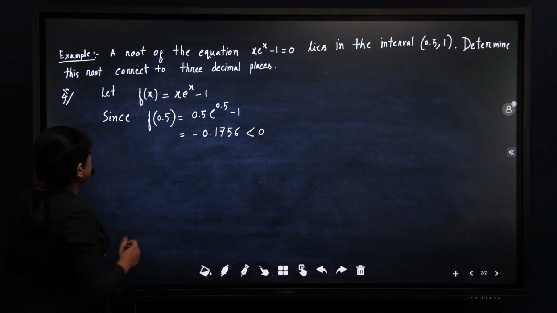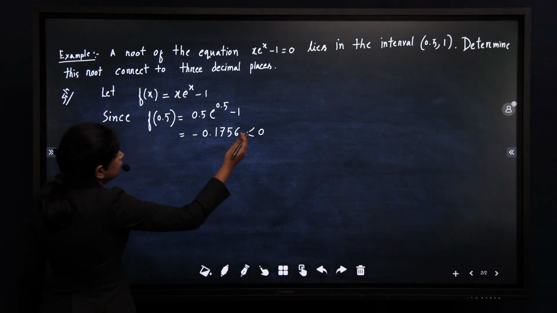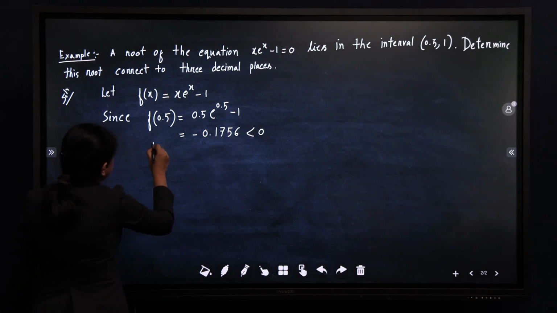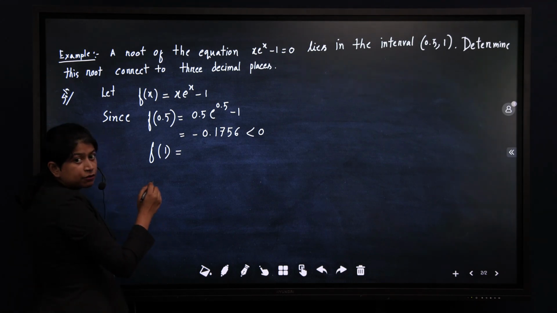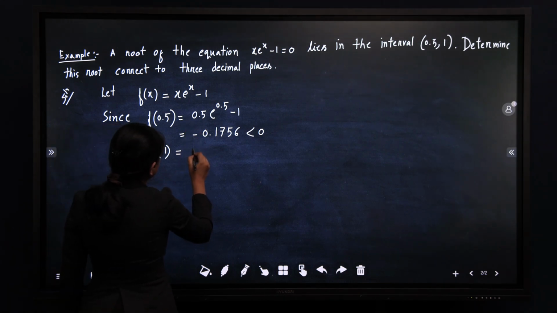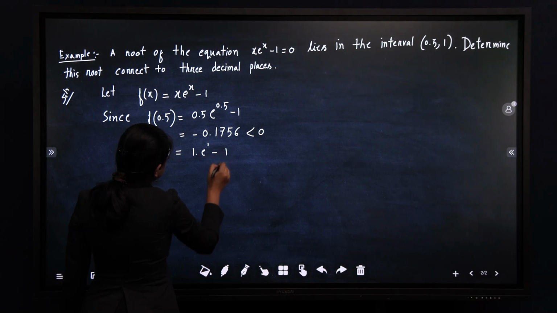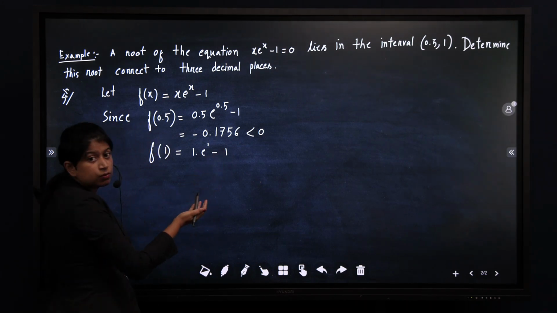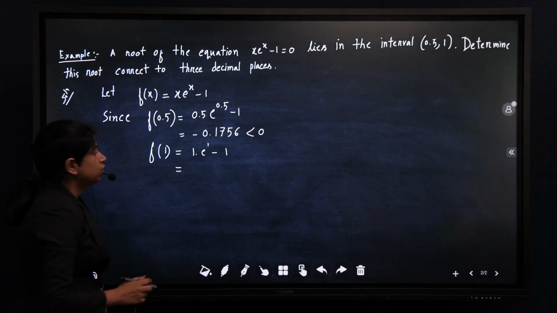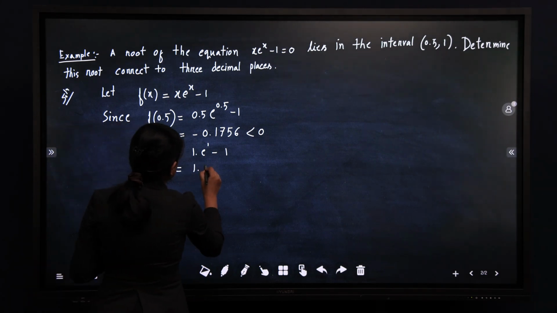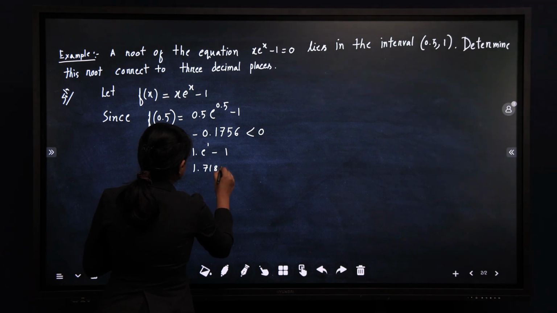Okay, now you put b, which is 1. So f of 1. For f of 1, what will you get? This is 1 into e power 1 minus 1, that means e minus 1, right? So what is the value for this? 1.7183.